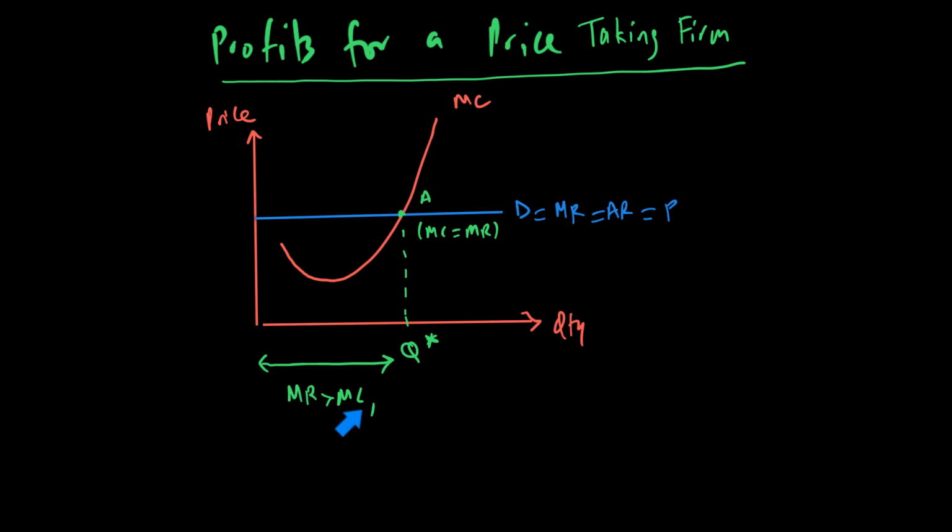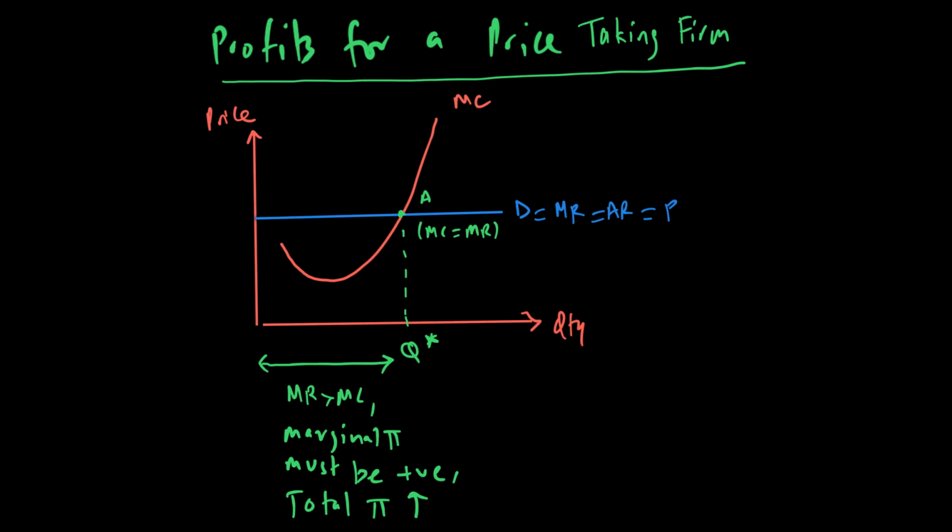Because extra revenue is greater than extra cost, then extra profit, the marginal profit, must be positive. And if marginal profit is positive, this would mean total profit must be going up, because each incremental unit is getting me more and more profit.